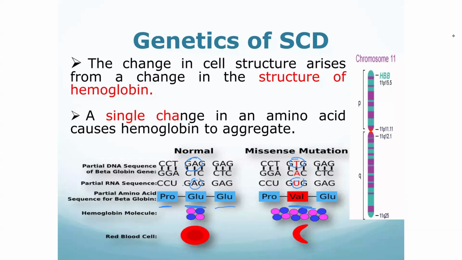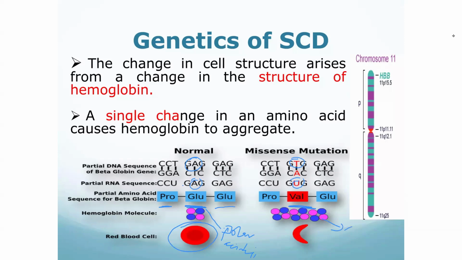Glutamic acid is a polar acidic amino acid, and it is due to this polar glutamic acid that the red blood cells maintain their shape. But when the adenine is replaced with thymine, we have GUG instead of GAG, which codes for valine.